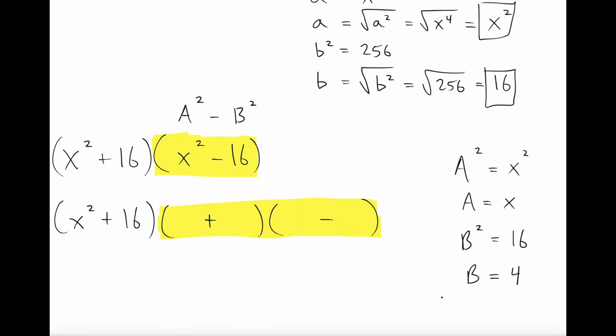That's 4. Now that I have that, I can take my x and my 4 and plug them in to my binomials. So we'll have x plus 4 and x minus 4.